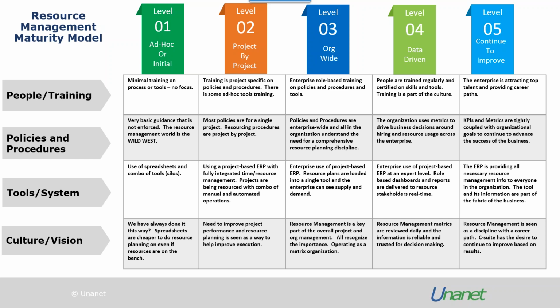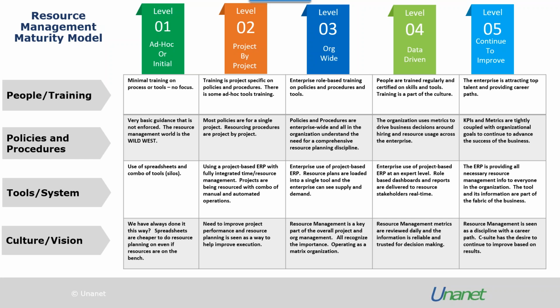And from a mentality perspective, people will say, hey, that's how we've always done it, and we've been able to press through. Level 2, people at this level have realized that they really don't want to live in that chaos anymore and begin to recognize the importance of standardization, at least on a project-by-project basis. So there will be training around the use of policies and procedures and tools, and these may be project-centric, and that's okay.